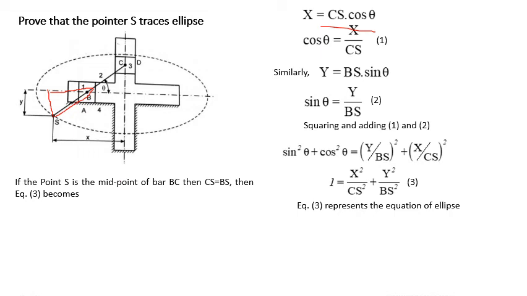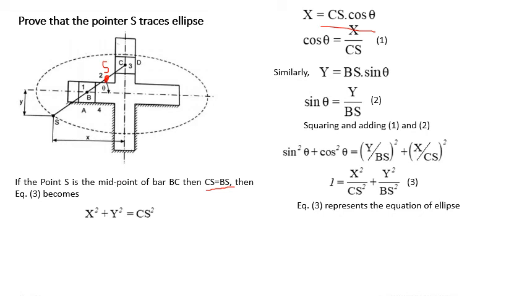Now if the point S is at the midpoint of the bar CB, suppose the pointer S is at midpoint of bar CB, then CS is equals to BS, right? CS is equals to BS, equal length. So then equation 3 becomes, I will substitute in place of CS.